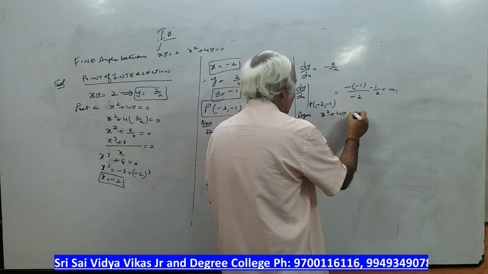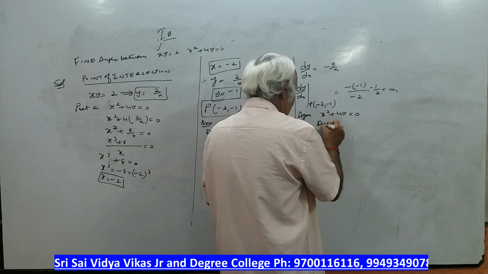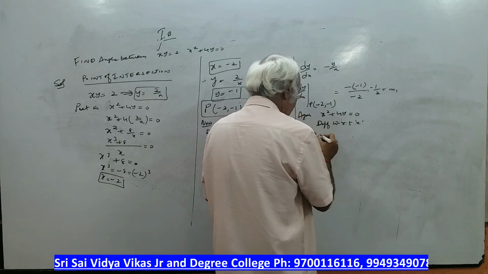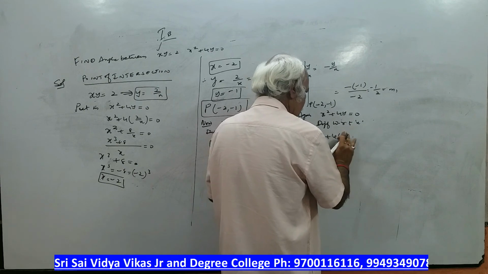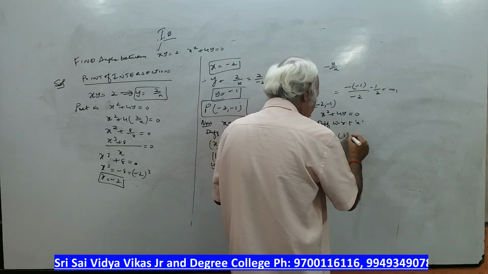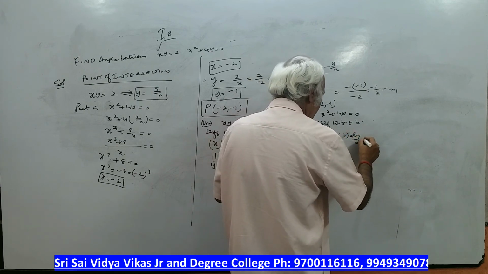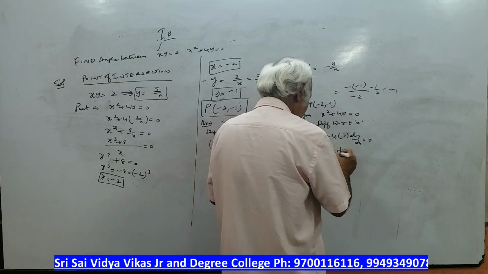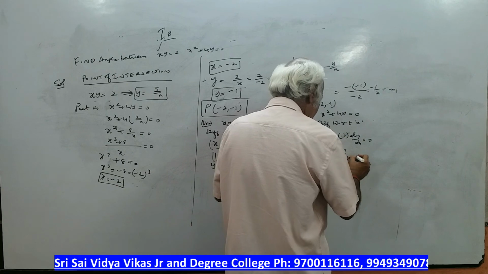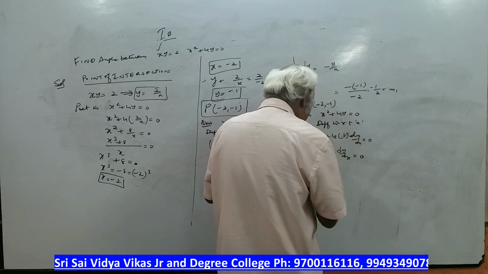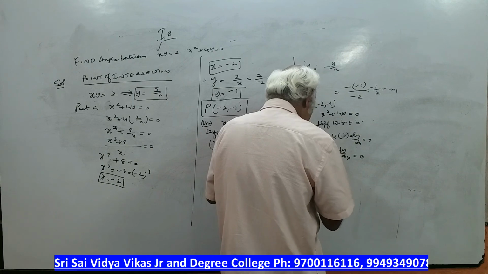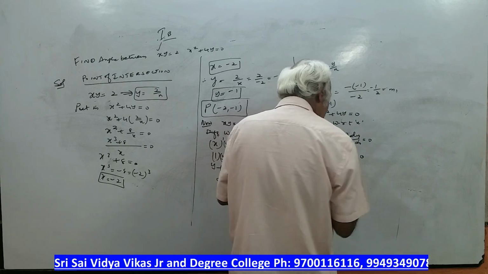x square plus 4y is equal to 0. Differentiate with respect to x. 2x plus 4 into dy by dx is equal to 0. So 4 into dy by dx is equal to minus 2x.